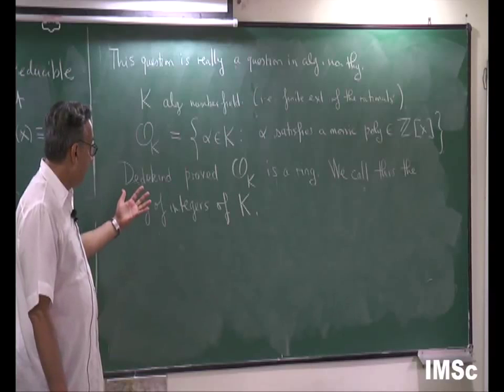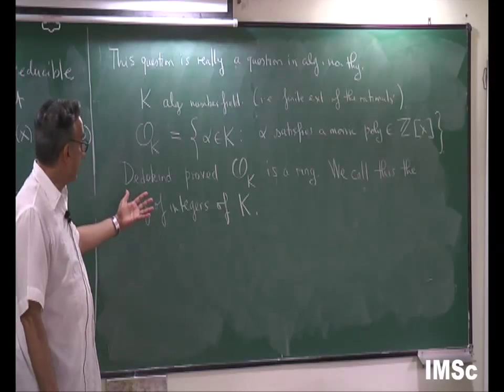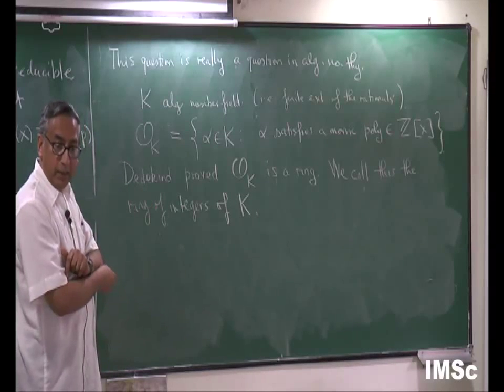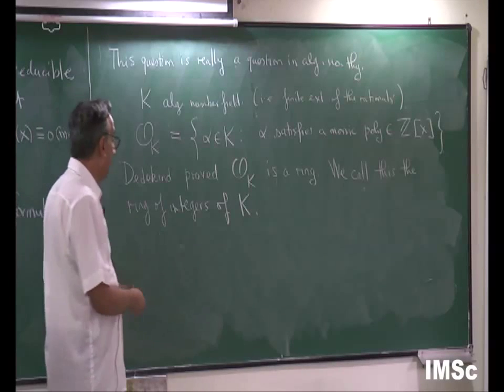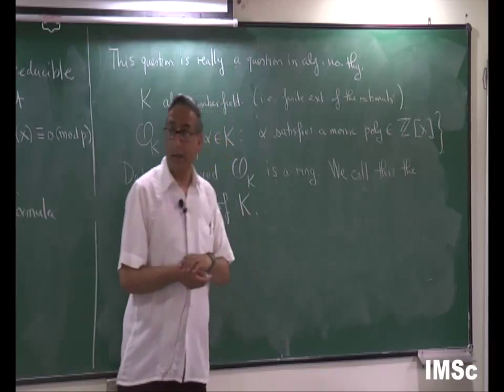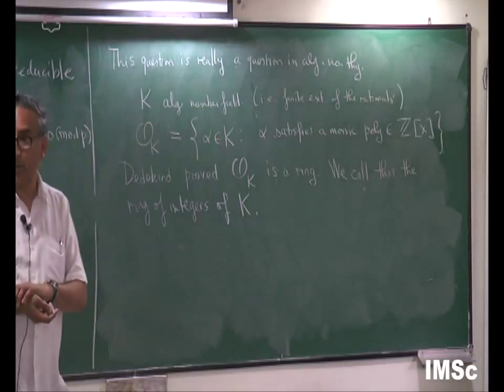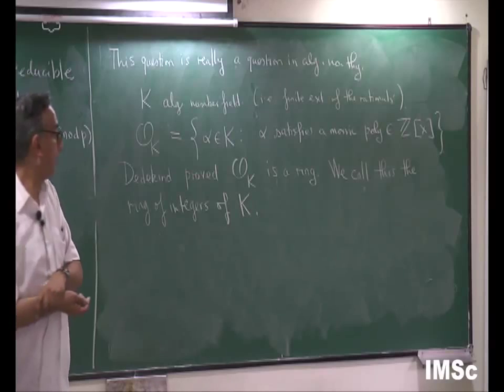Another important thing that Dedekind proved is the analog of unique factorization of natural numbers. He showed that every ideal in this ring can be factored as a product of prime ideals uniquely.